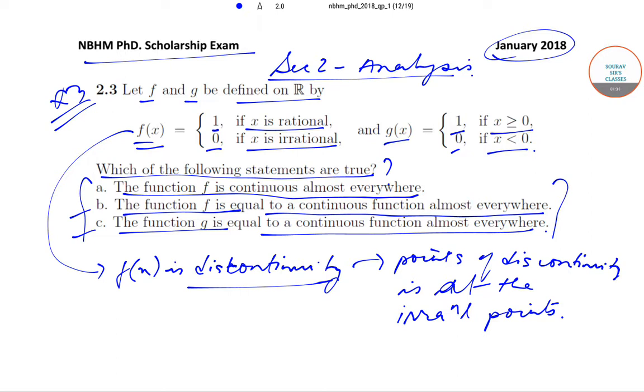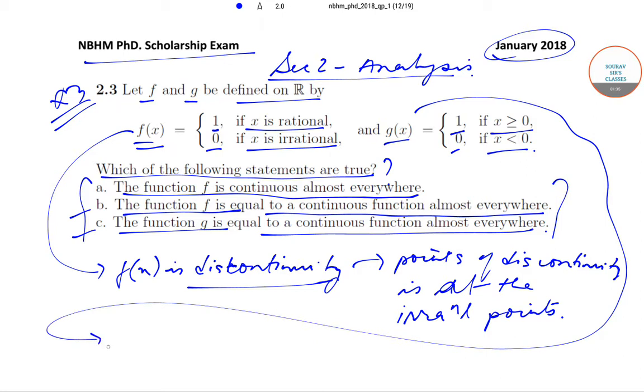Similarly, if we draw the graph of g(x), for x greater than or equal to 0, g(x) is equal to 1, and if x is less than 0, then g(x) is 0.